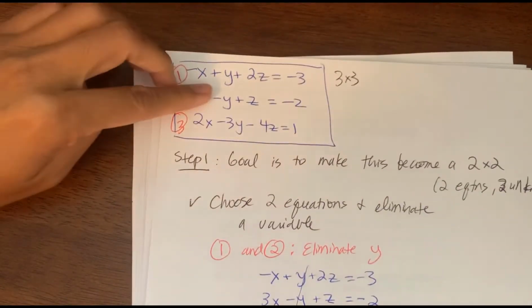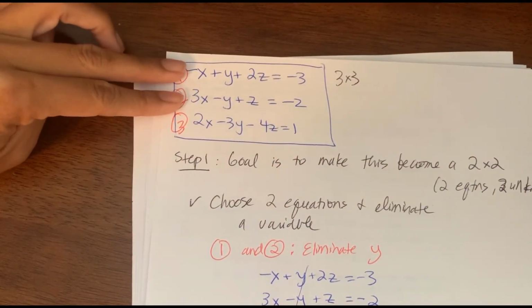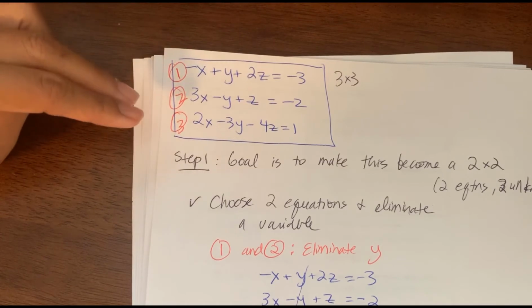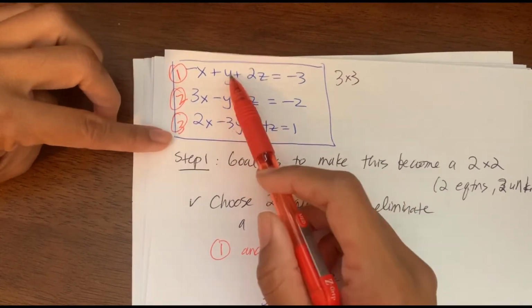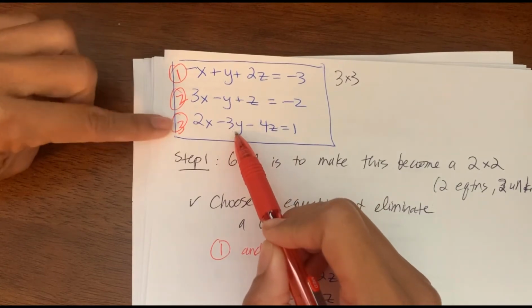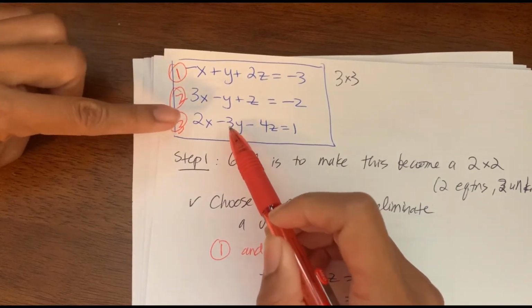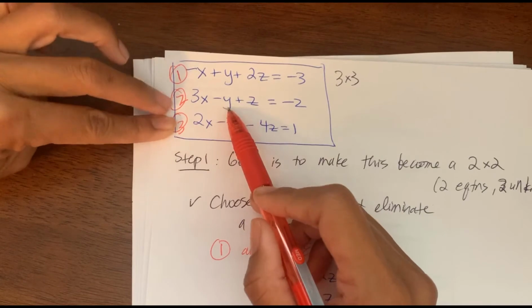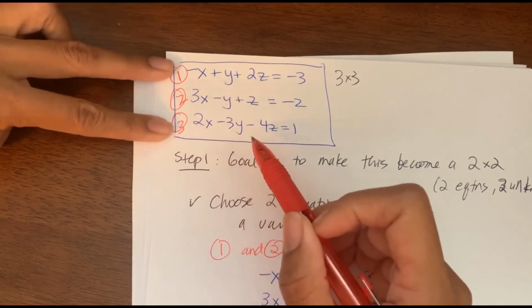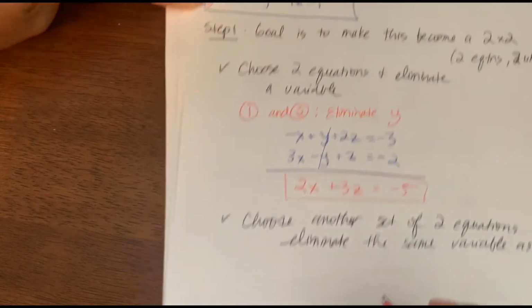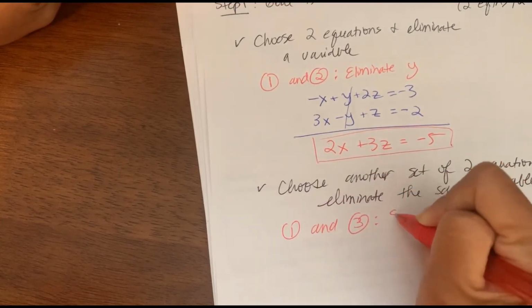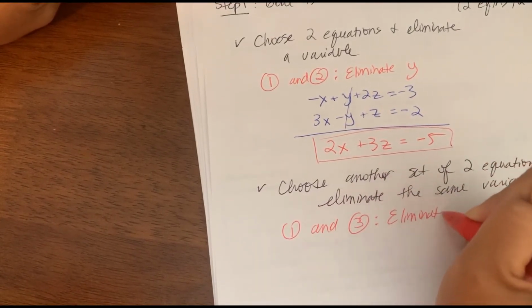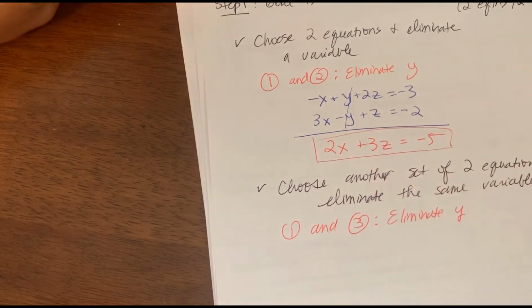I can't pick 1 and 2 because I already did that. We haven't chosen equation 3 yet, so I'm going to choose equation 3, and you could choose either equation 2 or 1. It doesn't matter. I'll just pick equations 1 and 3. And again, I want to eliminate my y, the same variable as I did up there.